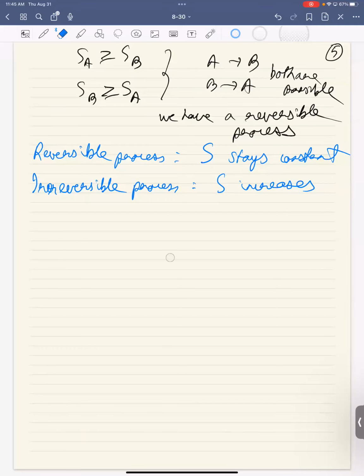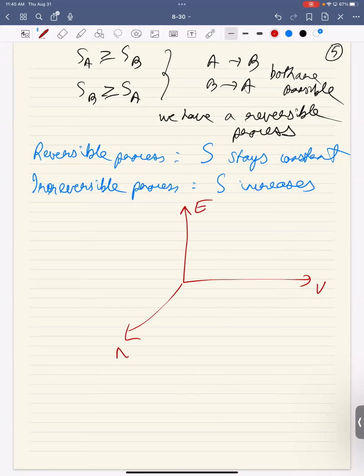Okay, so let's draw a graph. N, V, E, okay? Should I draw in 3D? No, I should not try to draw in 3D. Let's ignore N for a little bit, okay?